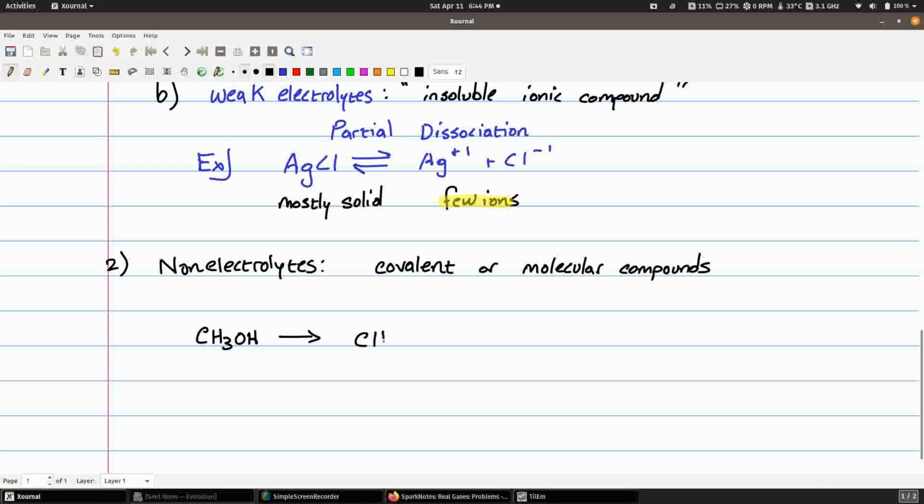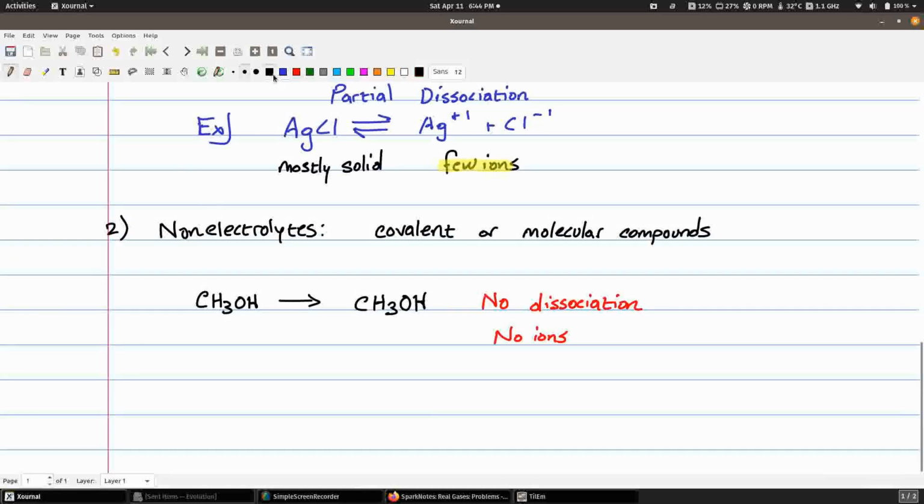This is really not that good of an example, because it does kind of dissociate as an acid, but we'll get to that later. So anyways, just a recap.